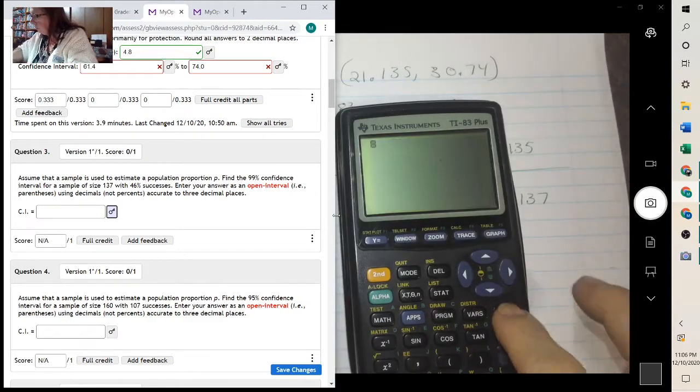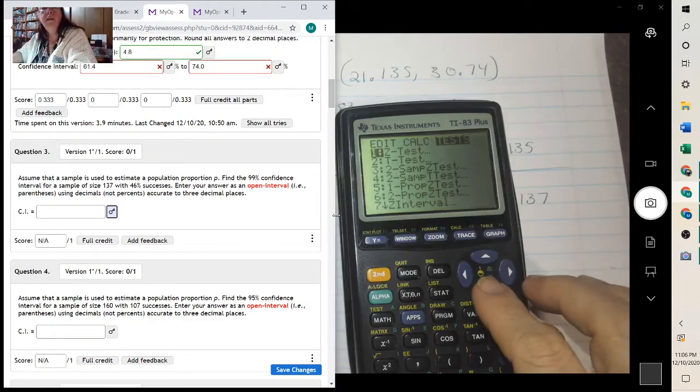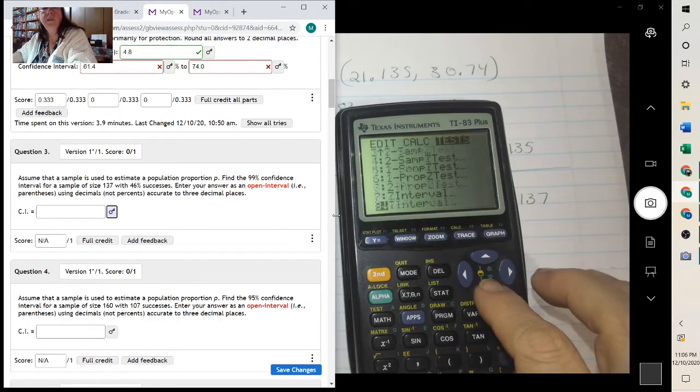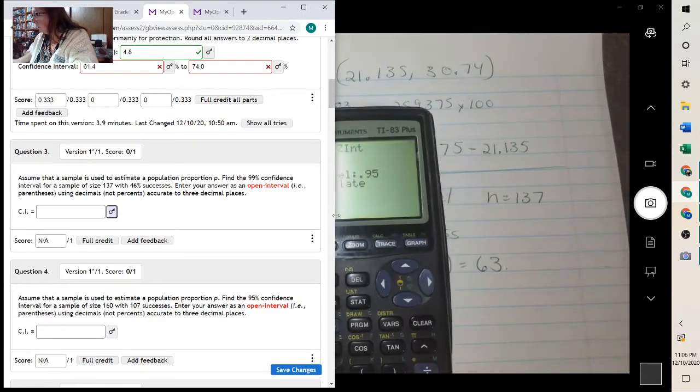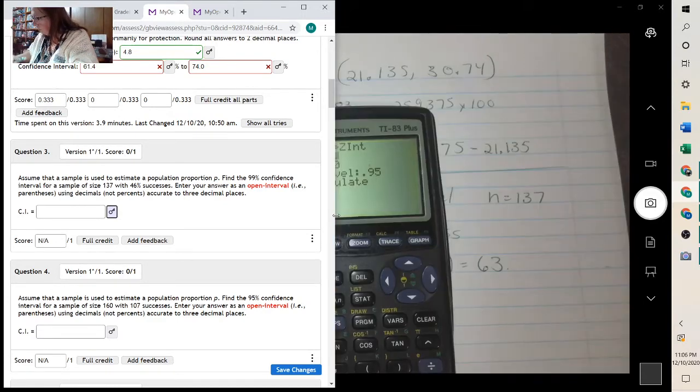So if we go Stat, down to the proportion interval, right there. If we went to put 63 point, I think it was 02, 137, oops, and it was 99.